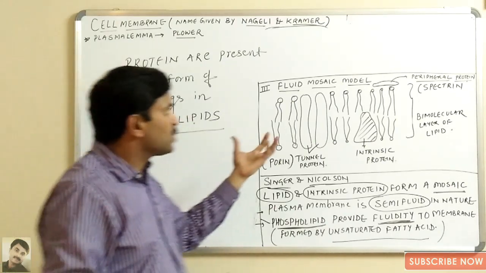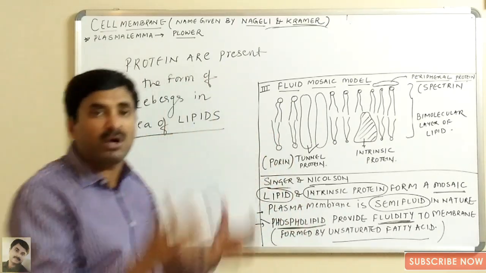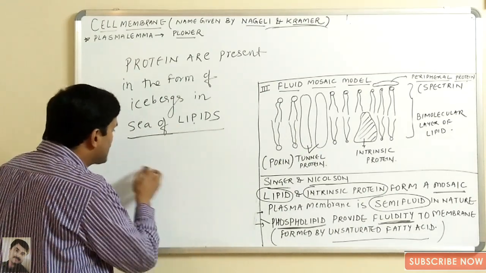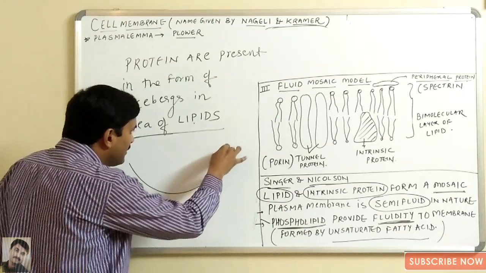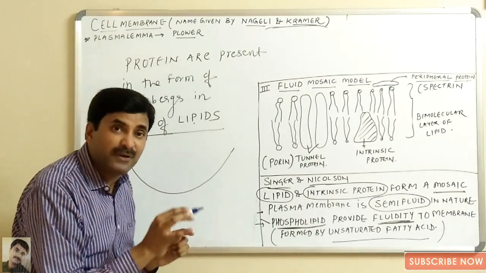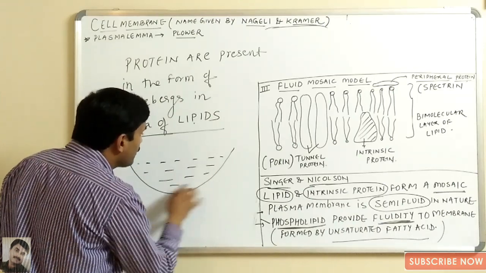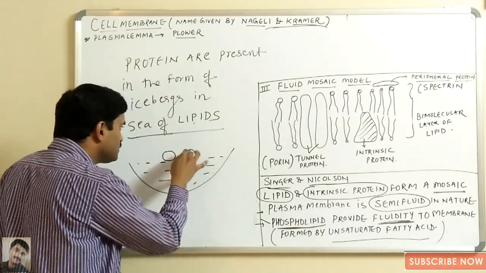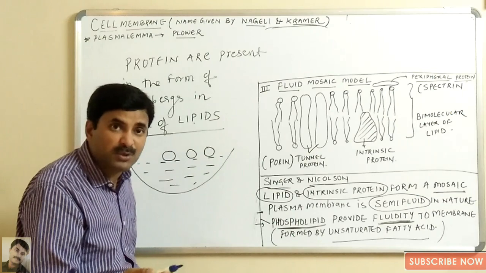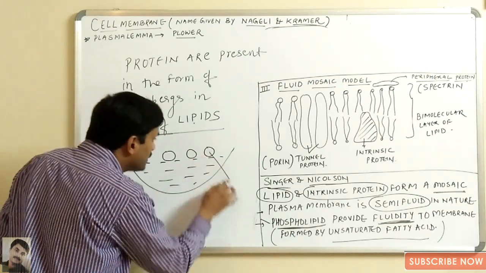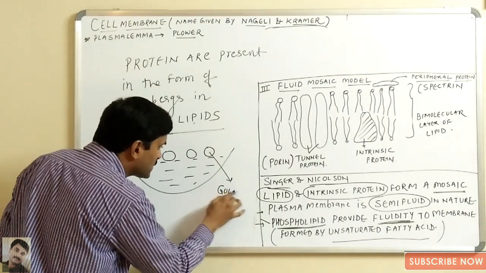Okay. Now, to explain this model in a far better manner, we can also take the example of a utensil which has gulab jamuns in it. You all know about gulab jamuns. That is a sweet dish used in India.